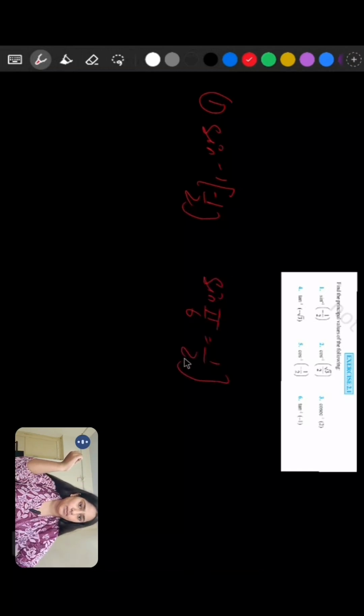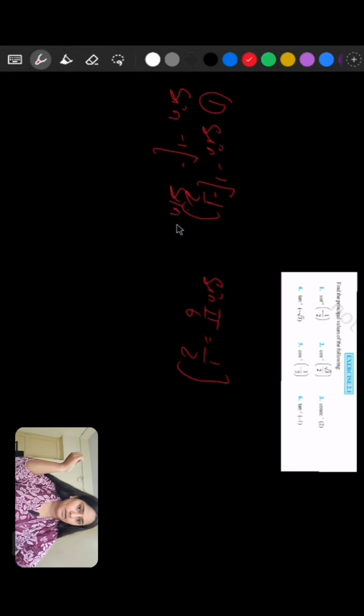Now we will solve question number 1, which is sine inverse of minus 1 by 2. We know the value of sine pi by 6, which is sine 30 degrees, is equal to 1 by 2. We put it in the bracket, so we can write minus sine pi by 6.